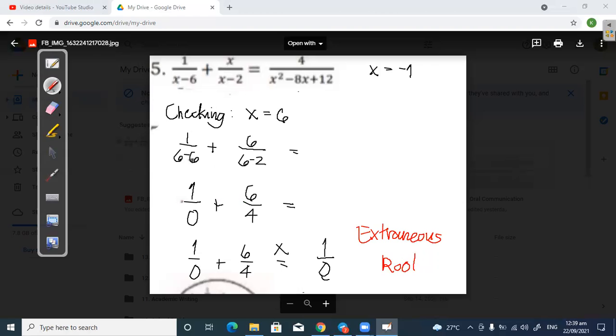Ayan. So, ibig sabihin, yung solution niya lang ay x is equal to negative 1. Hindi kasama si x is equal to 6. Hindi siya kasama. Kasi it will make the function, or the equation, the rational equation, undefined. So, ayun. Hope you learned something.